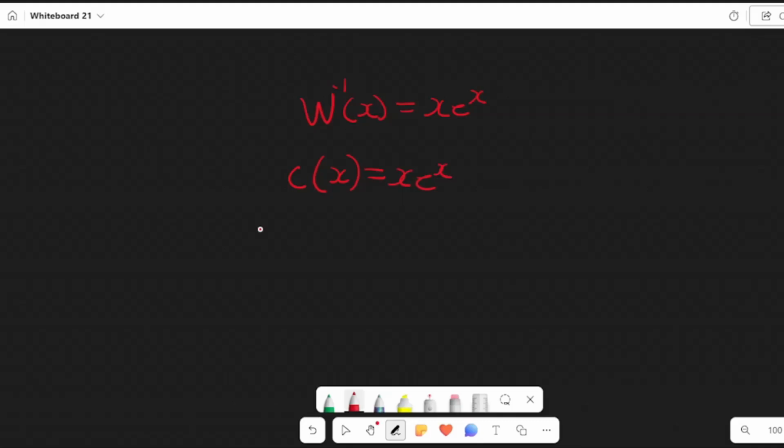Then the Lambert W function, since it's the inverse of x times e to the x, will just give us x when applied to this function. So in other words, the Lambert W of x times e to the power x equals x. So yeah, that's what the Lambert W function is defined to be.